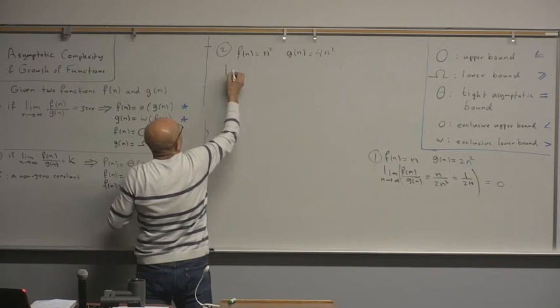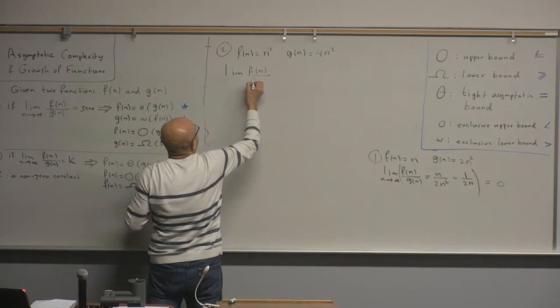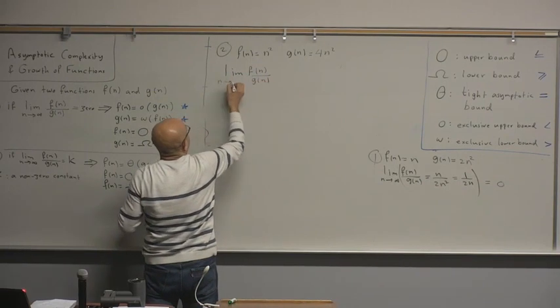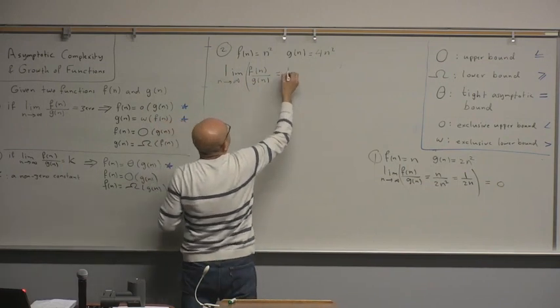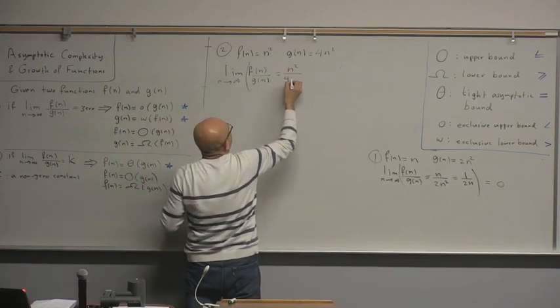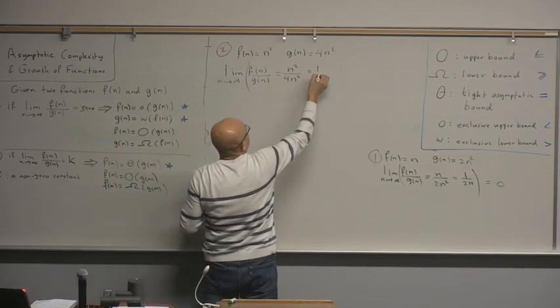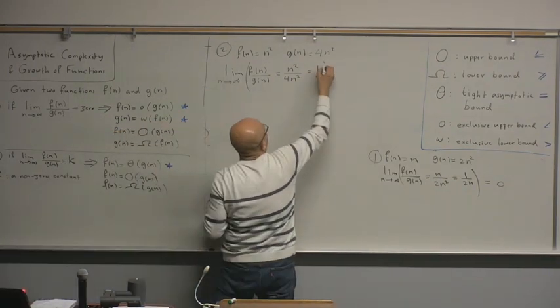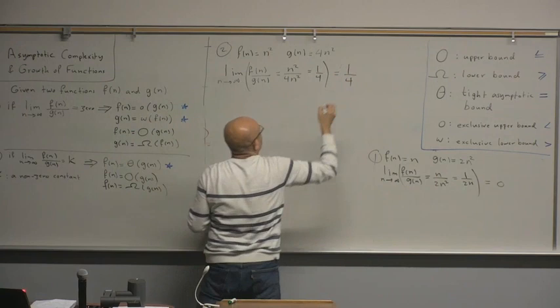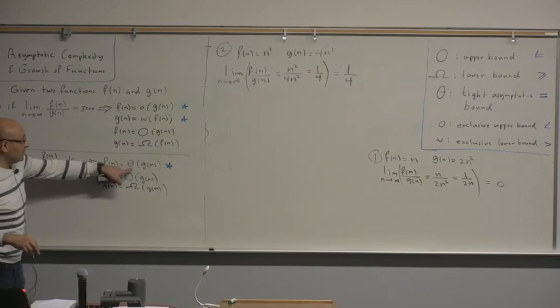In this case, the limit of f of n divided by g of n as n goes to infinity is the limit of n squared divided by 4n squared, and this is 1 over 4, which is a non-zero constant. So this is case 2. In this case, you can say that the relation is theta.